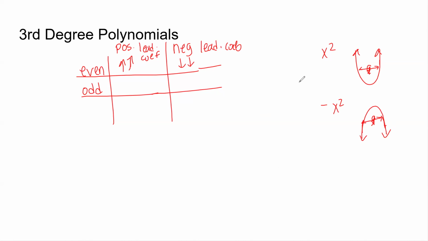So if you are even, you will have an extrema because this has a low point. So if you're up, up, at one point you had to hit your low point. You can kind of think of it as, you're not always going to be happy all the time. So even though this little guy is up in both directions, at some point he had to have a bad day and hit his low point and then go back up.